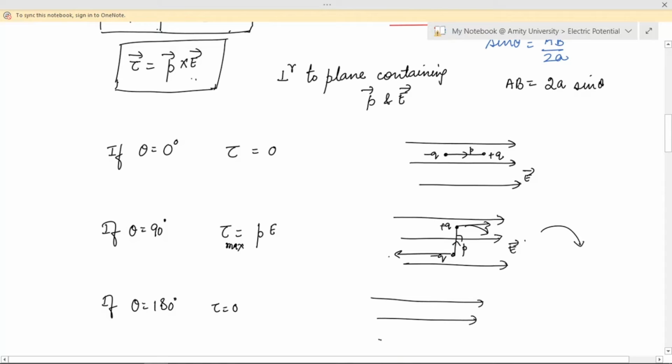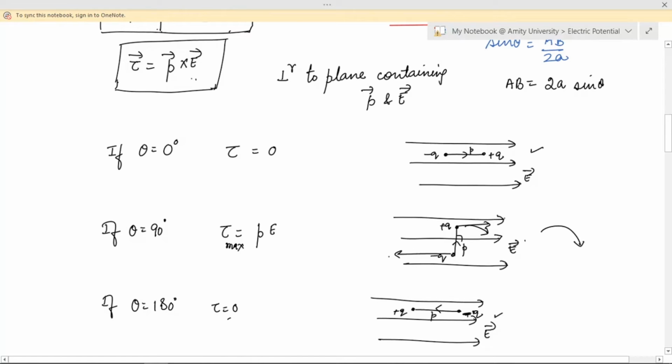Again, this is an electric field, but now the dipole is placed in this manner, with minus q here, so this is the direction of the dipole moment. Here we can see that P and E are anti-parallel to each other. In both situations, torque is 0 and the dipole will be in equilibrium.